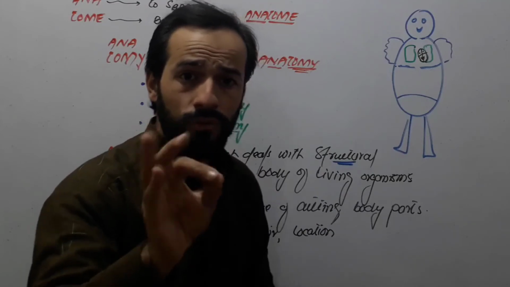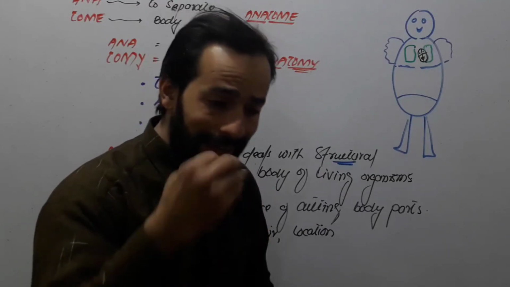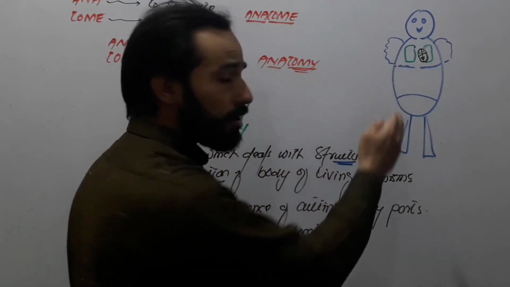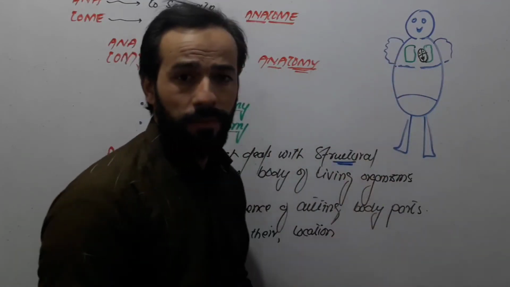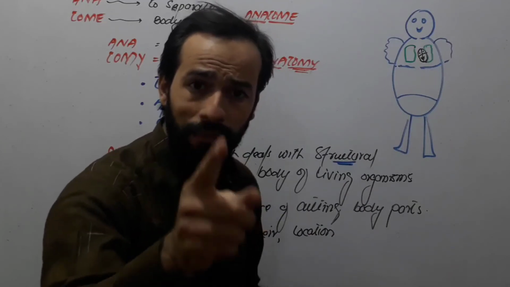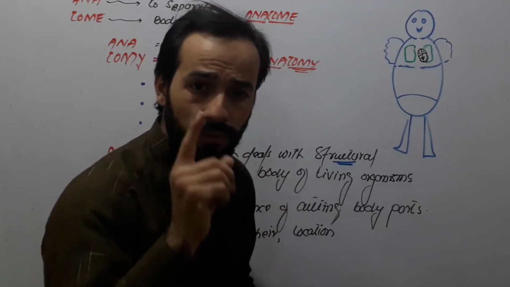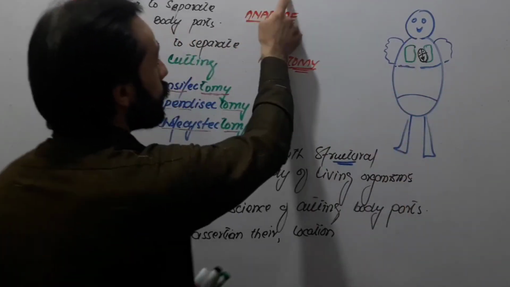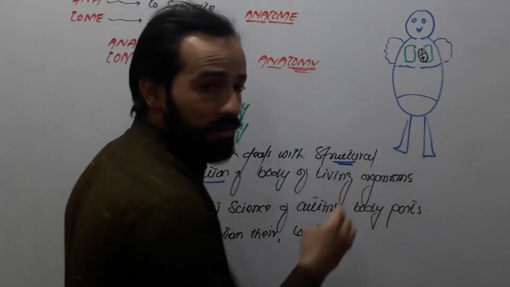So if you want to know about the body, internally or externally, you have to cut, you have to do anatomy, you have to enter the body. So how do you enter the body? You have to do anatomy, right? So if you want to do anatomy, you have to do dissections. You have to dissect the body parts, right?